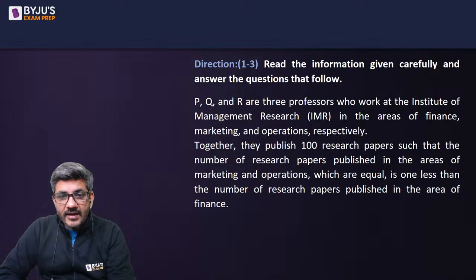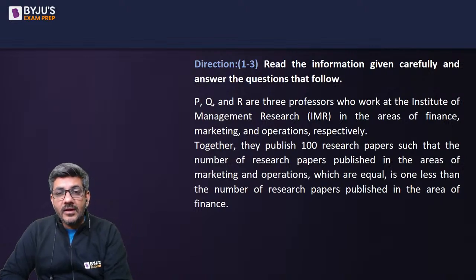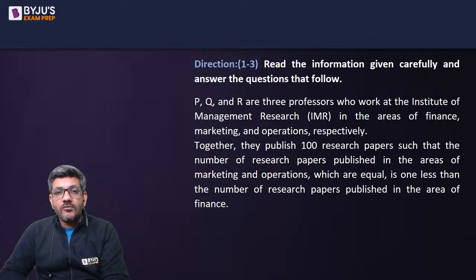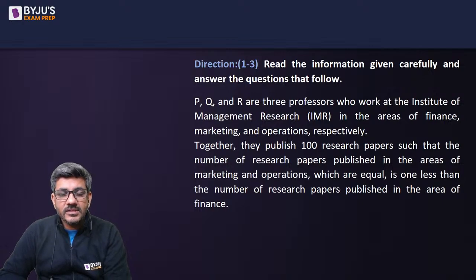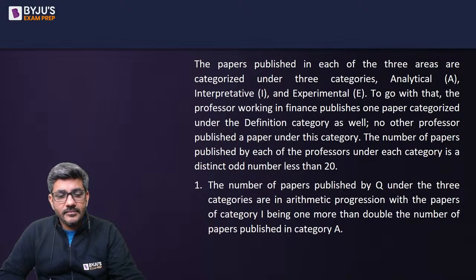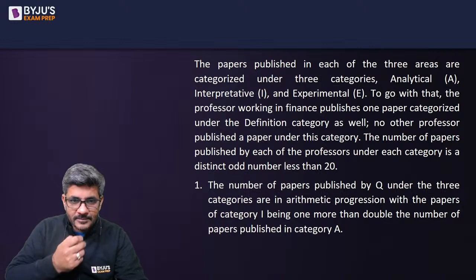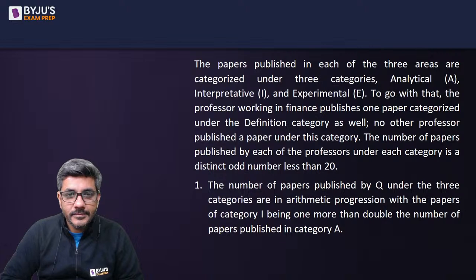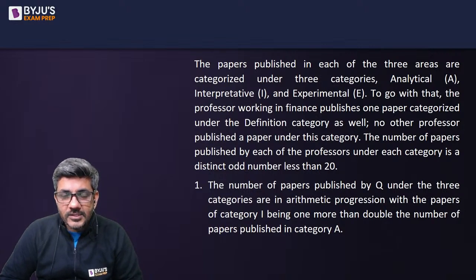I'm sure all of you have read it now. 100 research papers, right? Marketing and operations are equal, which is one less than the number of research papers in the area of finance. P, Q, R are respectively in finance, marketing, and operations.